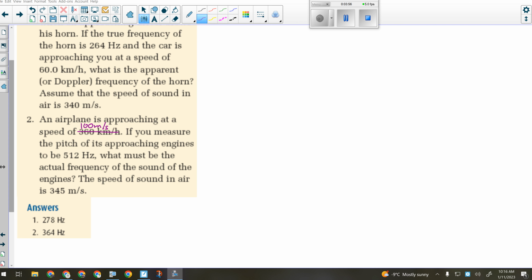For question number 2, we know the speed of the source, 100 meters per second. We know the pitch of the approaching engines is measured, so that's the one we hear. That's F, 512 hertz. We're looking for the actual frequency, FO, and the speed of sound is 345 meters per second.